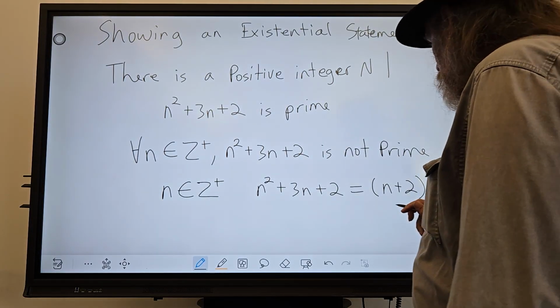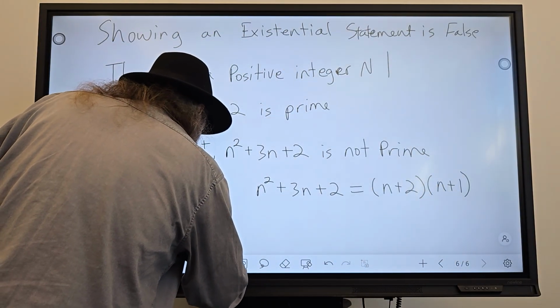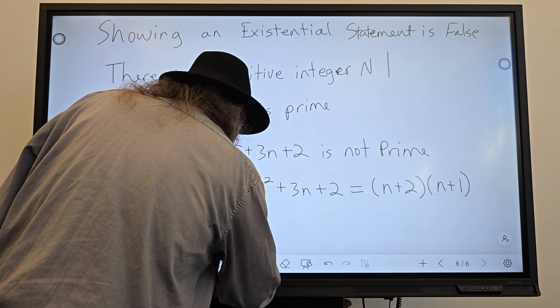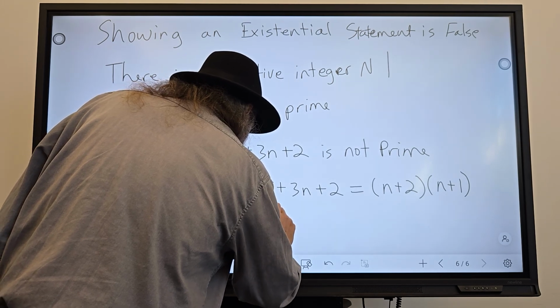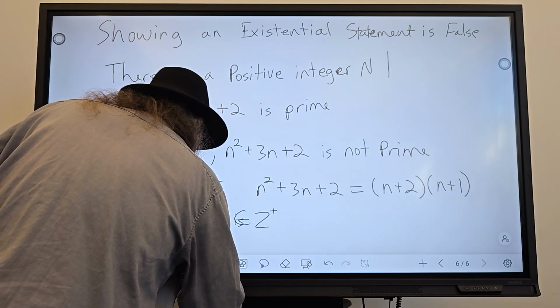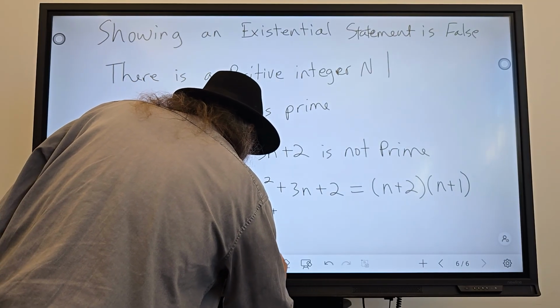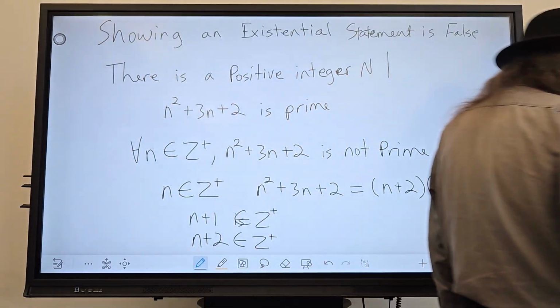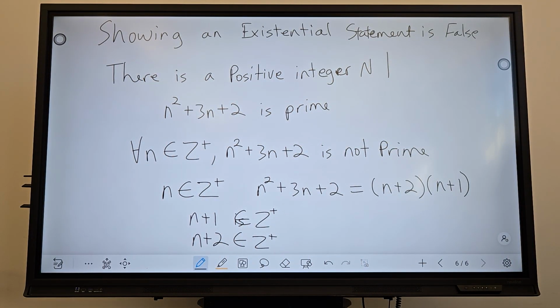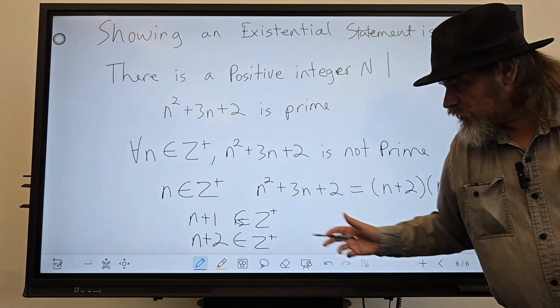And then you have n plus 1 is an element of Z plus, and n plus 2 is an element of Z plus, because they're the sum of integers, and both n plus 1 and n plus 2 are greater than 1 because n is greater than or equal to 1. So at minimum n plus 1 is equal to 2.